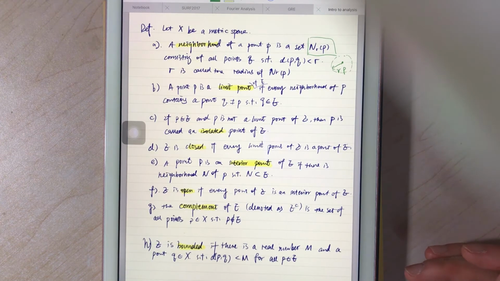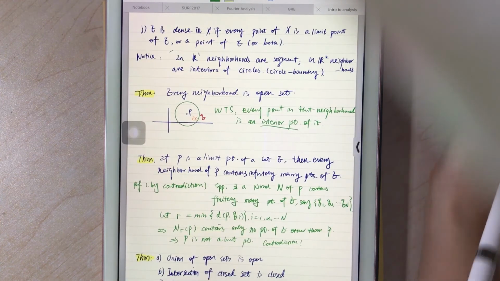To find such a bound, you basically try to find some radius so that the circle you draw is big enough to contain all the points of E, and you can find that because E is bounded.